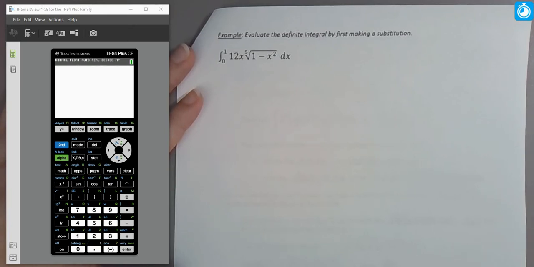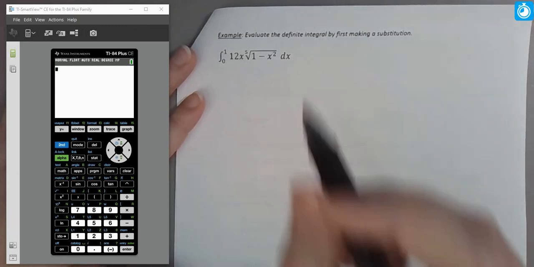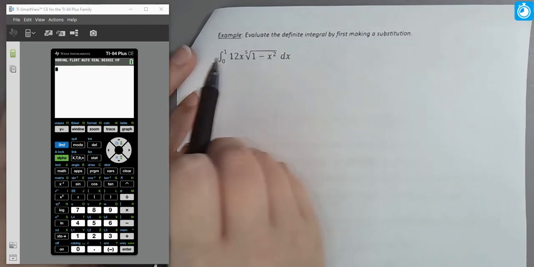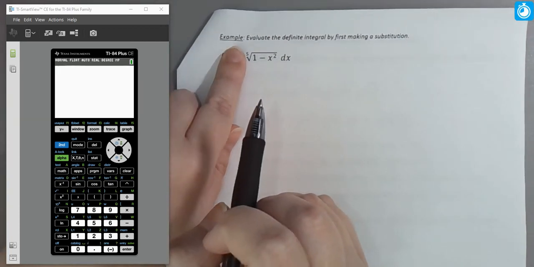But again, keep in mind, we cannot apply them until we're back in terms of the original variable. So once we change over to the variable u, those limits of integration don't actually apply. They only apply to the variable x, so they're only plugged in when we're back in terms of the variable x.